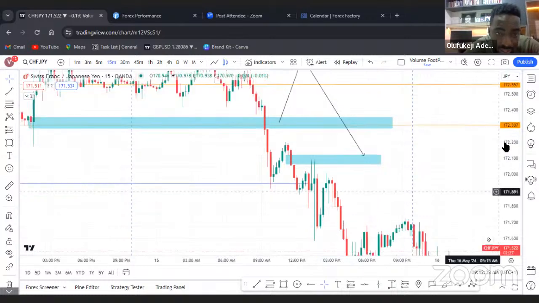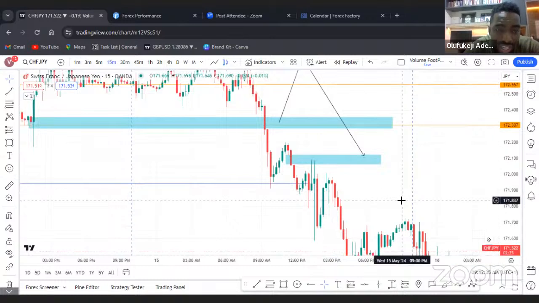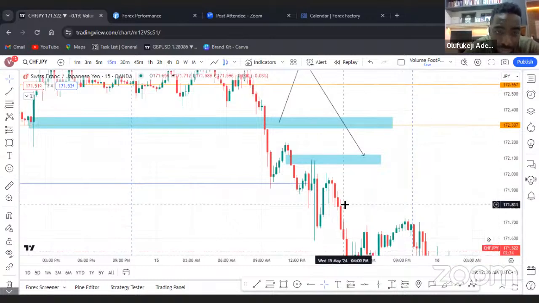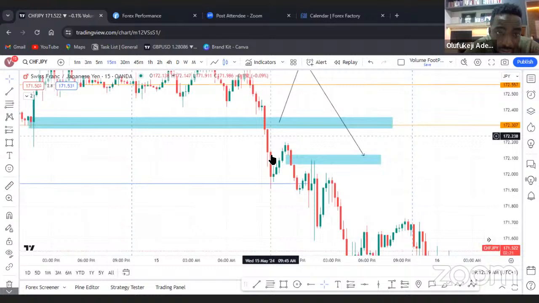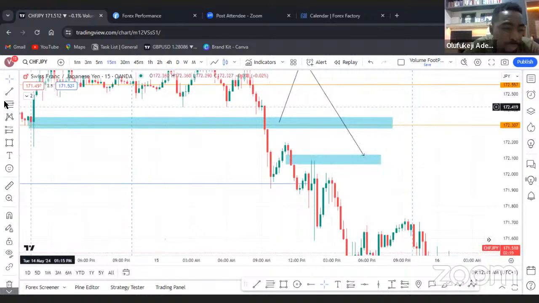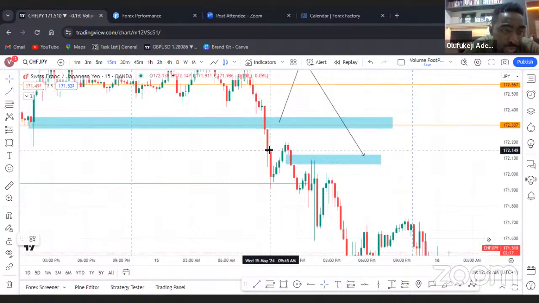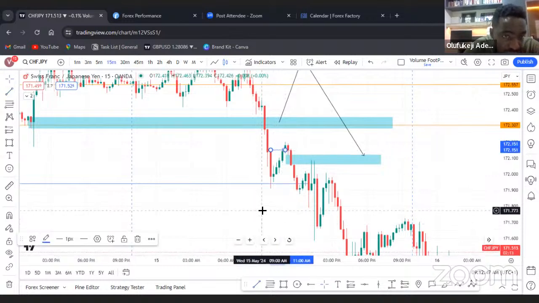The red shoulder there. You can see the sweep which enters into a fair value gap. Zone where previous support, look at the support element. Let's mark that low. There is a support.